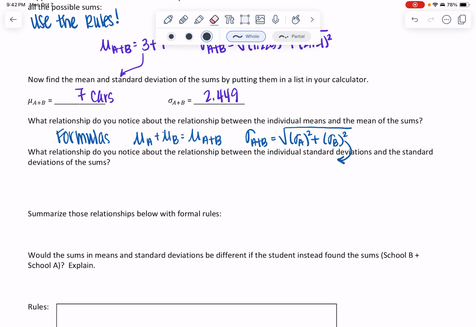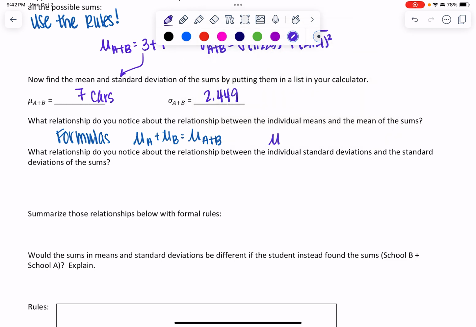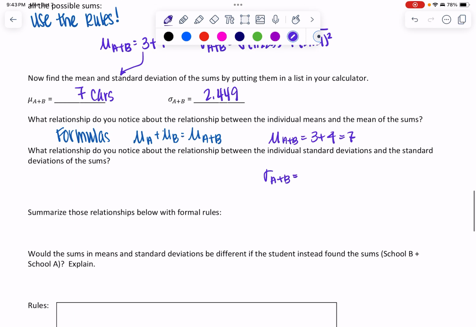And then this one needs a, sorry y'all. A plus b is equal to 3 plus 4, which is 7. Here, the standard deviation of a plus b is equal to c above.